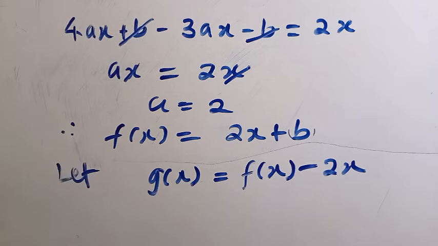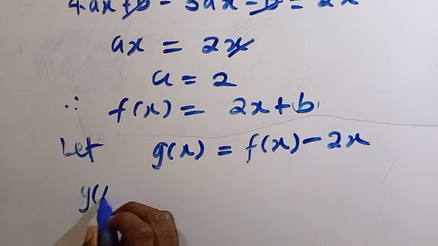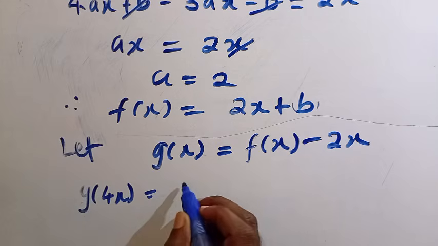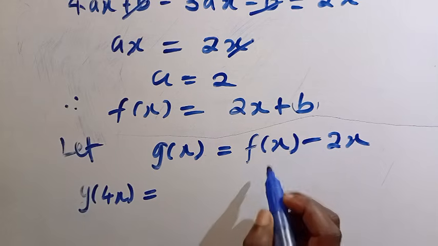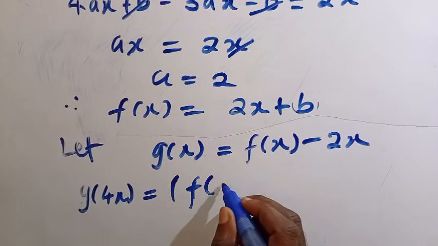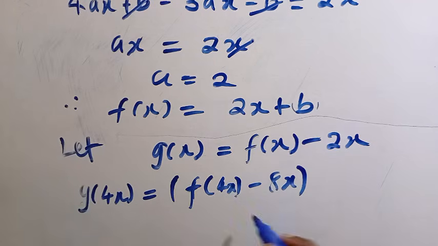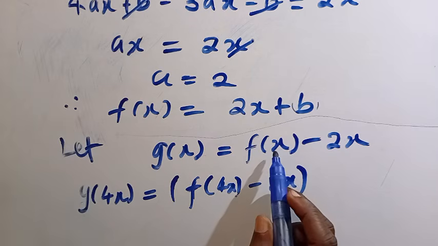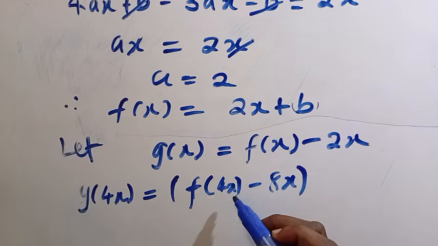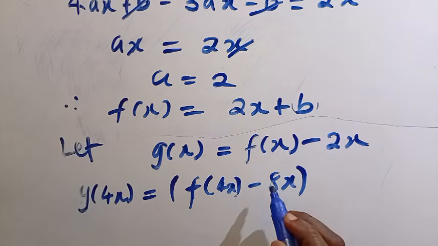Okay, and if I try to take this thing back to the normal f of 4x that we are given, then this becomes g of 4x. That is for f of x, so it will now be f of 4x minus 8x, because x is now representing 4x, and 4 times 2 here gives us 8.